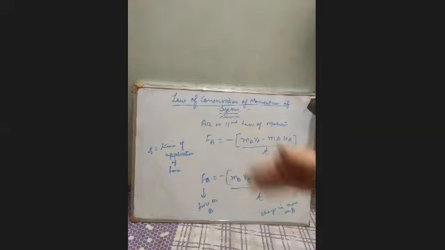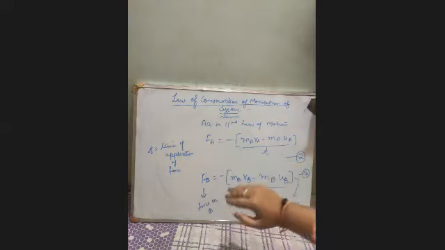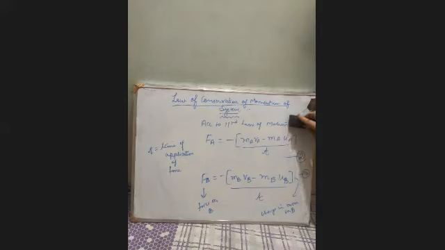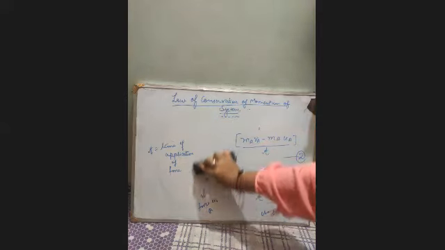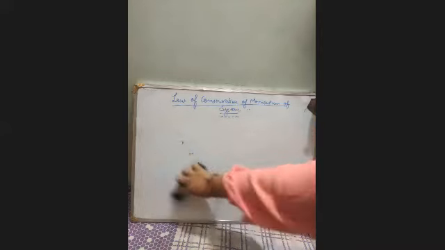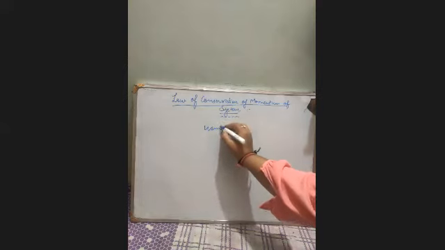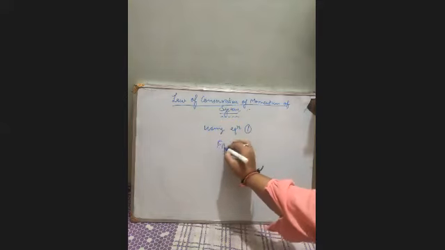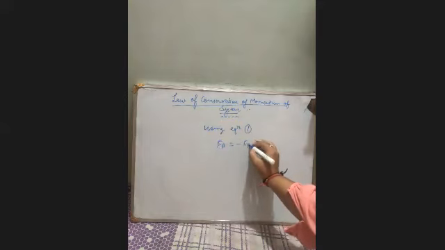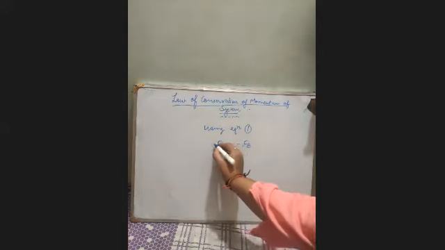Now this FA should be equal to FB, but with a negative sign. So I'm going to use equation number 1. So I think you have noted this till now. So I'm going to rub this. So now using equation number 1, that is FA is equal to minus of FB, and FA is here what?